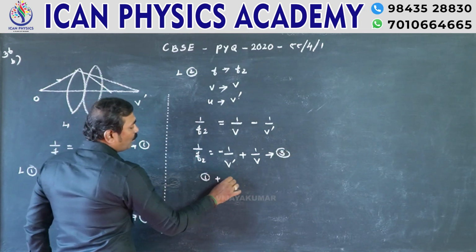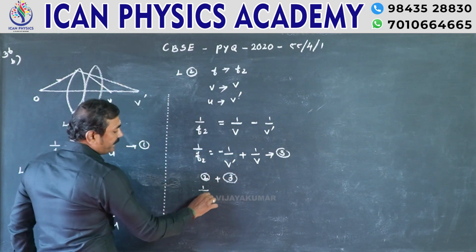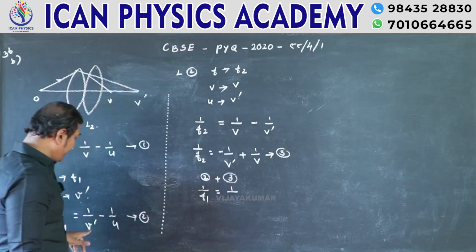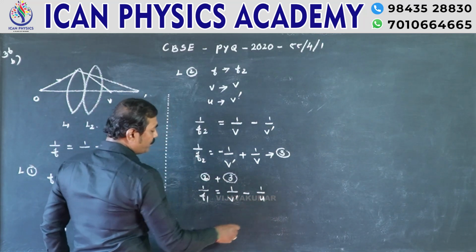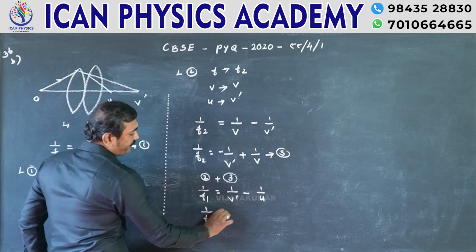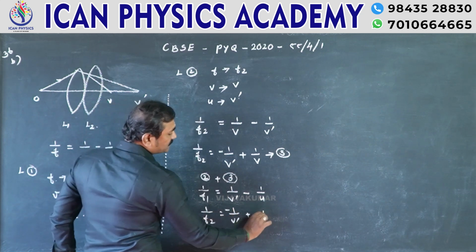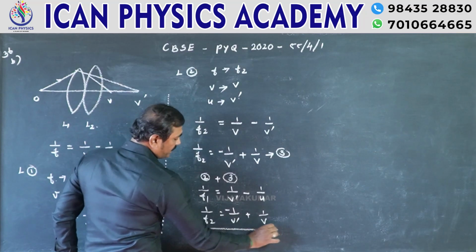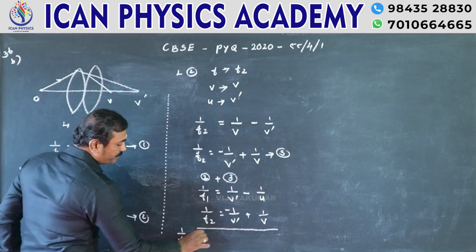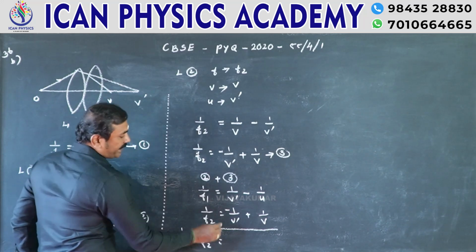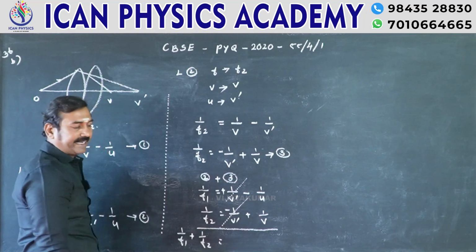Now we can add 2 and 3. 1 by f1 equal to 1 by v dash minus 1 by u, and 1 by f2 equal to minus 1 by v dash plus 1 by v. When we add, the LHS becomes 1 by f1 plus 1 by f2. The plus 1 by v dash and minus 1 by v dash get cancelled.